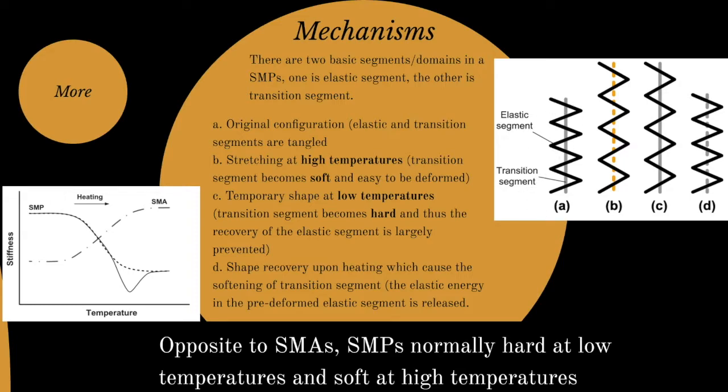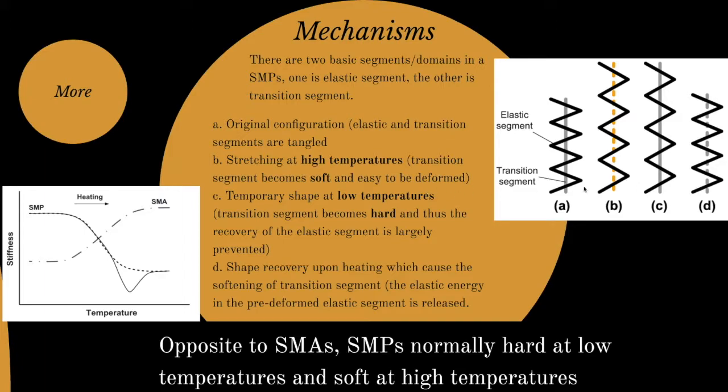And then if you are changing the temperature to a higher temperature, the transition segments, like the gray one inside, becomes soft and easy to be deformed. But the elastic segment stays as it is. So when you are deforming the polymers, you're actually deforming the transition segments, while the elastic segment will go along the way with the transition segment.